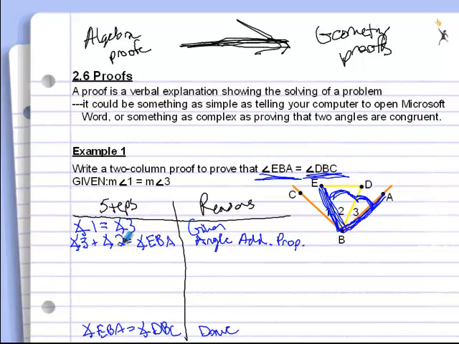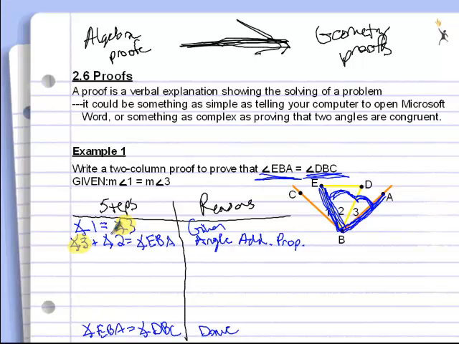I'm going to use that information now, and instead of writing angle 3, I'm going to write the same step that I just did, but I'm going to substitute angle 1 for angle 3. You might say, how can you do that? Because here I've got angle 3. Up here I'm told that angle 1 and angle 3 are the same thing. This is like saying that instead of giving you 5 $1 bills, I'm going to give you a $5 bill.